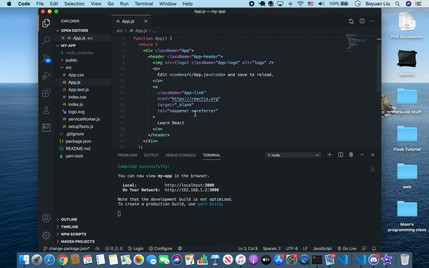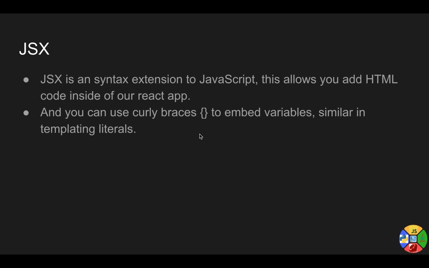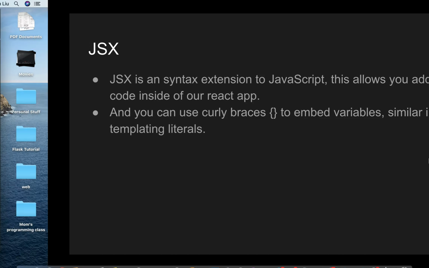Because we cannot use native HTML without quotation marks, right? Well, if we take a look, here it's JSX. JSX is a syntax extension to JavaScript. This allows you to basically add HTML code inside of our React app. And you can use curly braces, just like these, to embed variables, similar to template literals. So this is how it works.